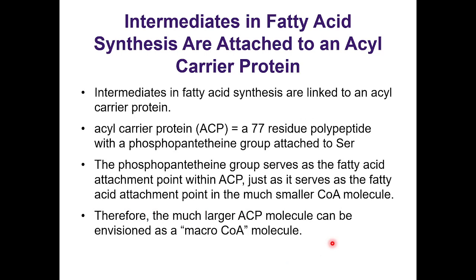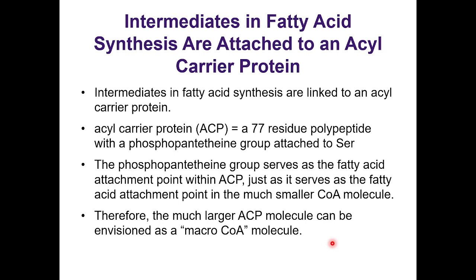The intermediates in the fatty acid synthesis are going to be linked to an acyl carrier protein. The acyl carrier protein, which is again that abbreviation ACP, is that 77 residue polypeptide with a phosphopantetheine group that's going to be attached to a serine. The phosphopantetheine group is going to serve as your fatty acid attachment point within your ACP.